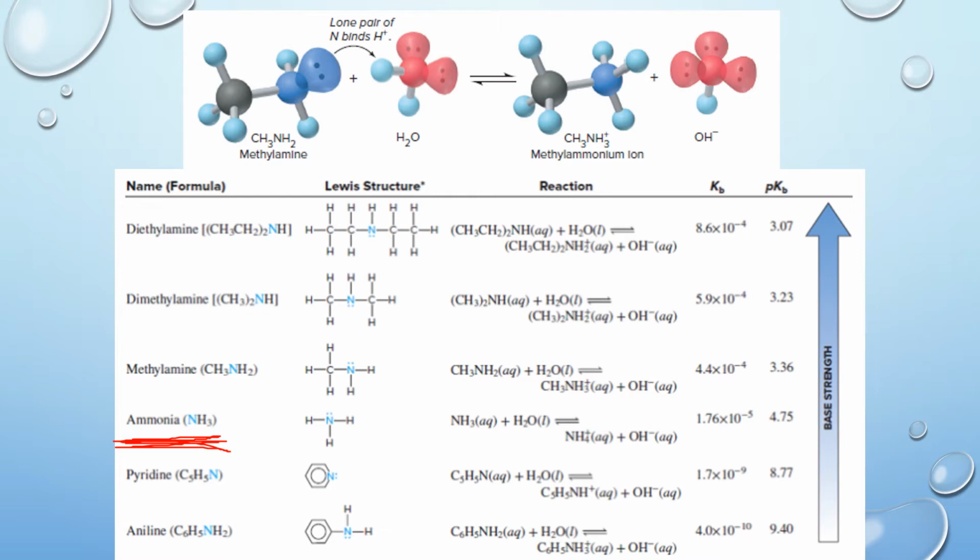Those molecules are called amines. Again, the amine acts like a base, the same way ammonia does. The lone pair on the nitrogen will attract a proton from water, indicated by this arrow. Then the hydroxide is generated, and you generate the conjugate acid.